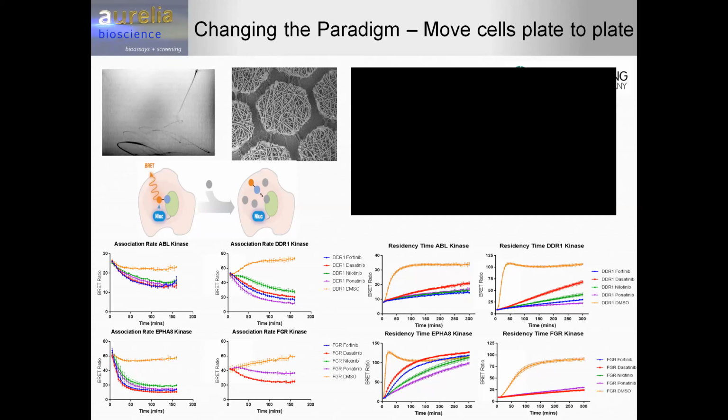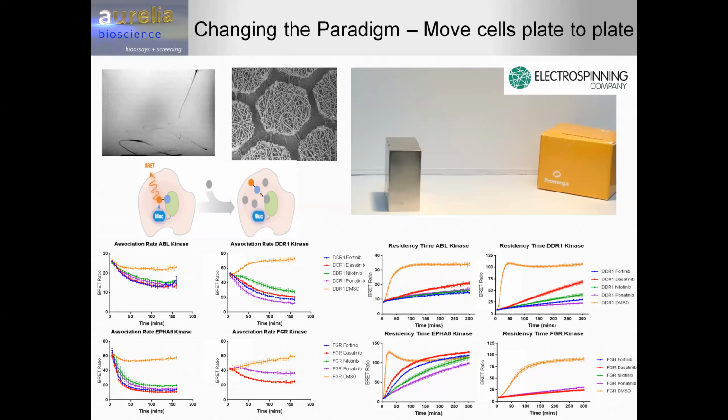Now remember that this is a live cell assay. So what we're looking at here is competition, either the tracer competing with the compound for binding to the receptor, or alternatively the reverse, where the tracer is bound to the receptor and we're trying to compete it off with the compound. Really quite interesting technology.